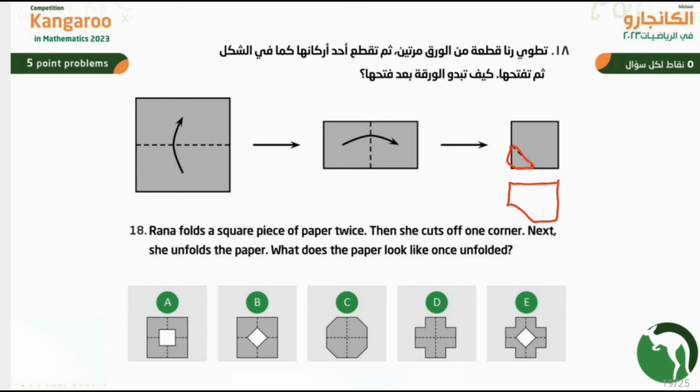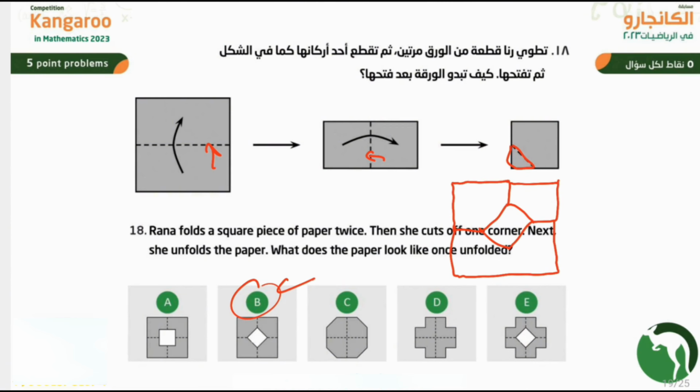If we open this paper according to this axis here, we will obtain this figure here. Now if we open this piece again according to this axis here, we will obtain this one. And if we compare the answers, we will have B.